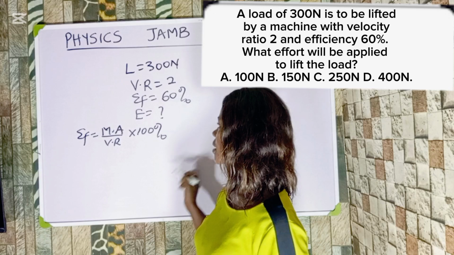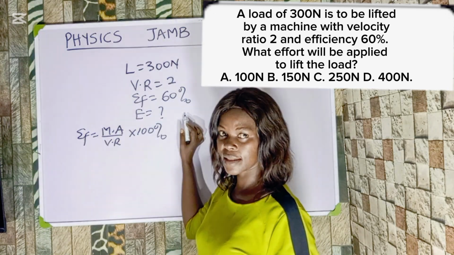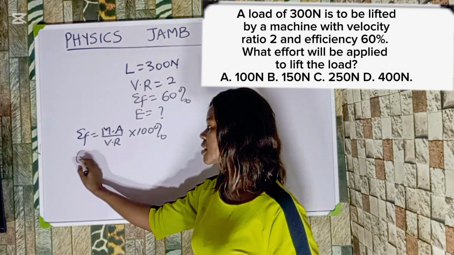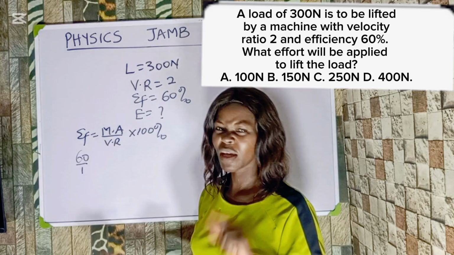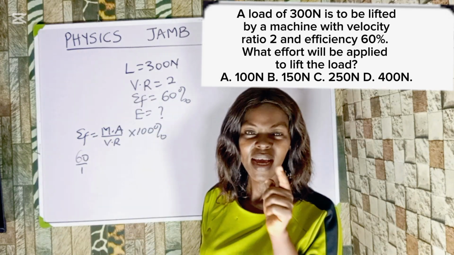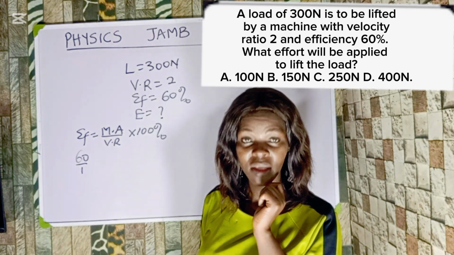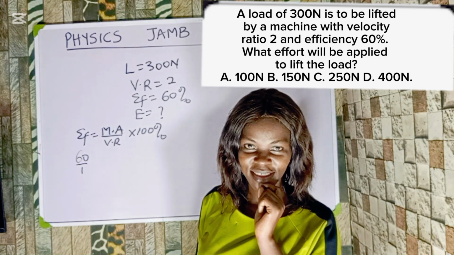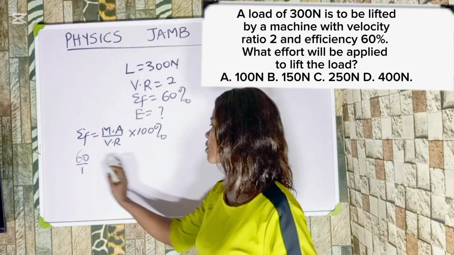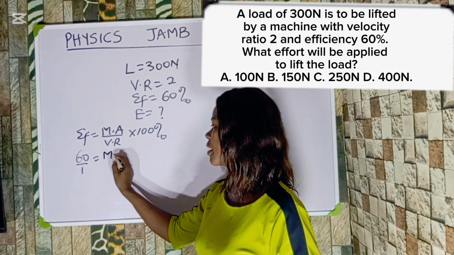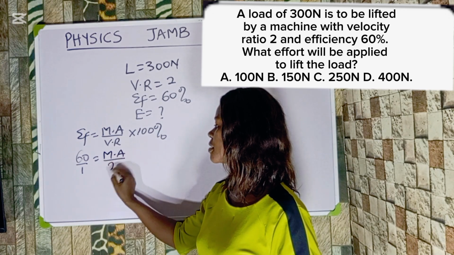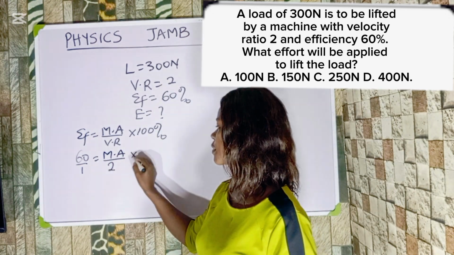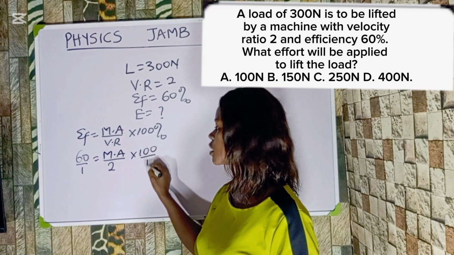Is that clear? Now, what is my efficiency? That is 60, okay? Now this becomes 60 over 1. So what am I even looking for? That is the first thing. I'm looking for the mechanical advantage because effort is embedded inside mechanical advantage. Is that clear now? So let's go. We have MA over 2, right? Now multiplied by 100 over 1.